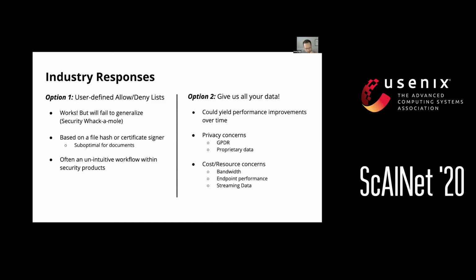We also have to look out for end users to make sure that we're not hindering performance, taking too much bandwidth, shipping data back and forth across the wire, or degrading performance on the endpoint by packaging up these files or samples in order to send them back.